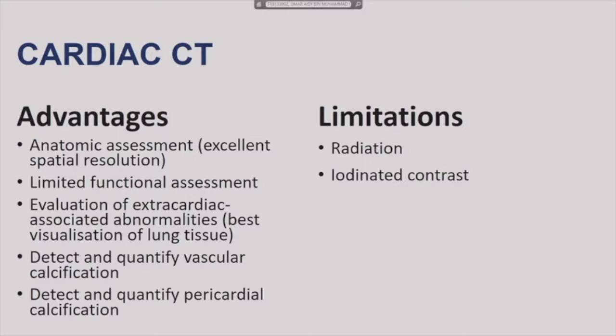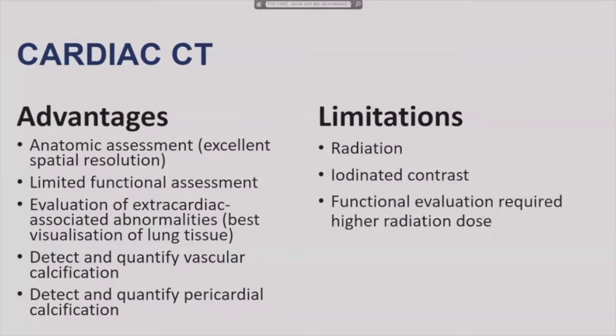Of course, we need contrast, much like in MRI, whereas in echo, we do not need contrast. You may have heard that we use agitated saline contrast in certain indications, but this is far and few between. Functional evaluation requires higher radiation dose, as I mentioned earlier on. If I want to capture it during systole, I want to capture it during diastole, then the entire cardiac cycle has to be captured, and we have to irradiate the patient throughout the entire cardiac cycle.